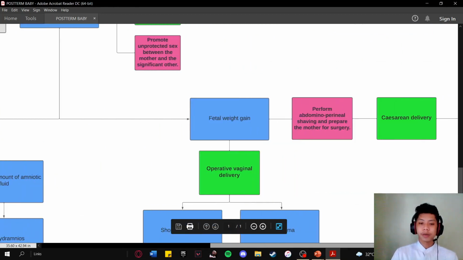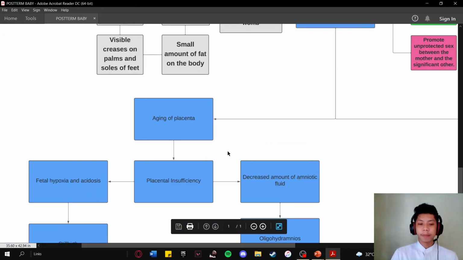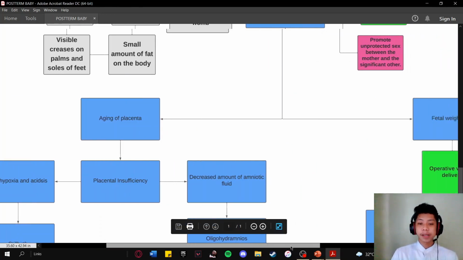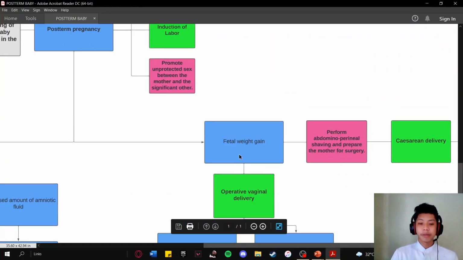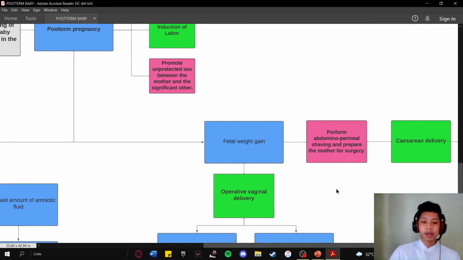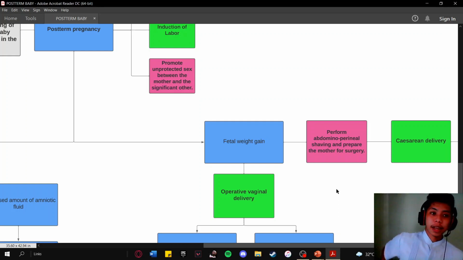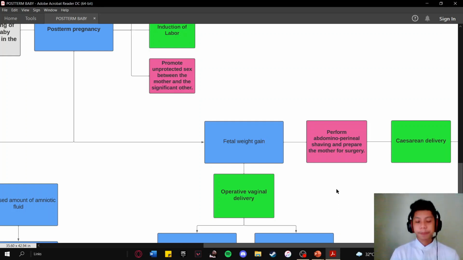Okay, so the next pathway, aside from aging of the placenta, if postterm pregnancy occurs, there will also be fetal weight gain. That will happen because the baby is staying longer inside the womb than expected.